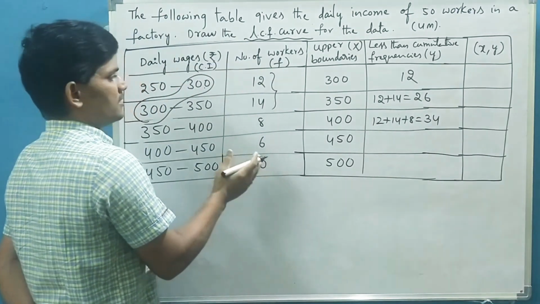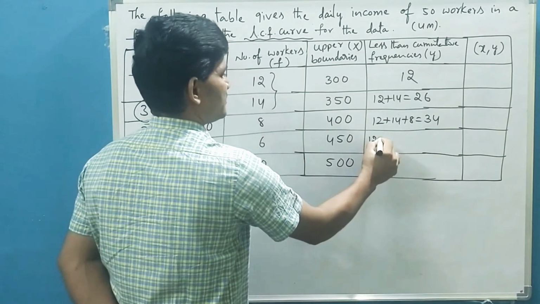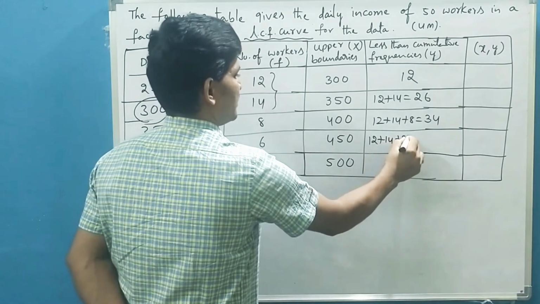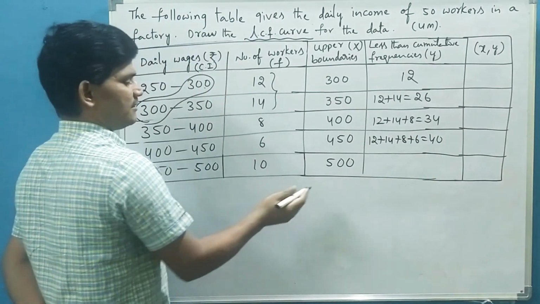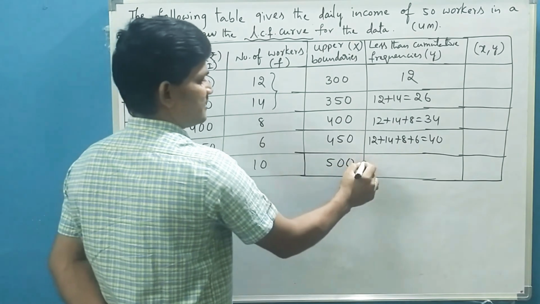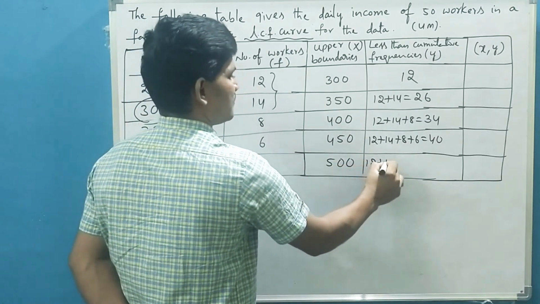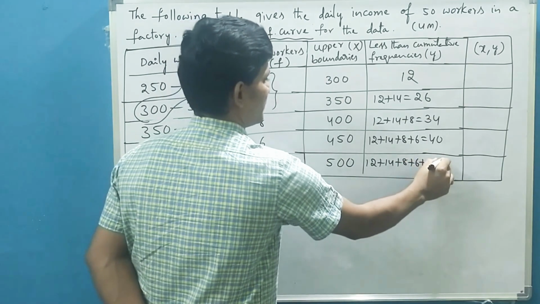Next, the sum of the frequencies less than 450 means 12 plus 14 plus 8 plus 6, which becomes 40. Next, below 500 means 12 plus 14 plus 8 plus 6 plus 10, which becomes 50.